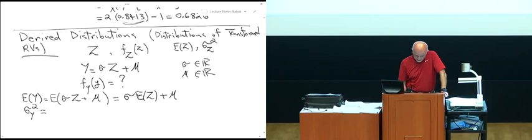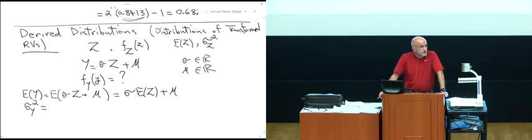And what about the variance of Y? That's a little trickier, huh? Does the fact that I'm adding a constant to this random variable change the variance?